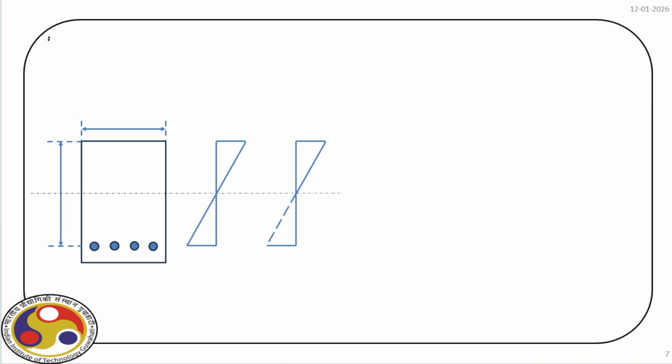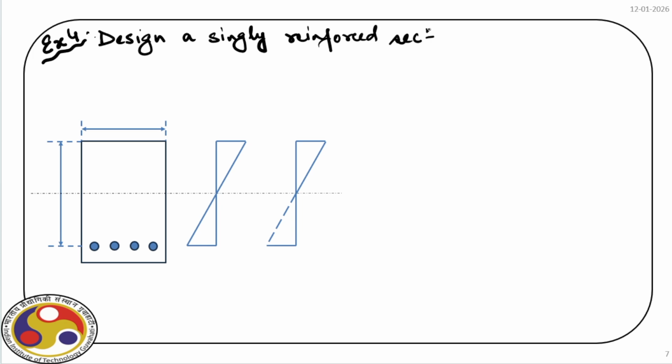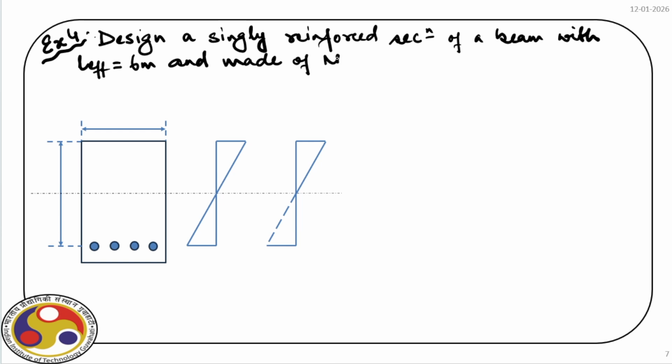So our fourth problem is design singly reinforced section of a beam with effective span length L effective is equal to 6 meter and made of M30 concrete and Fe 250 steel.